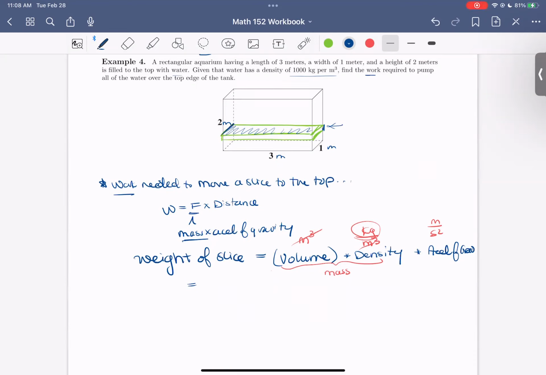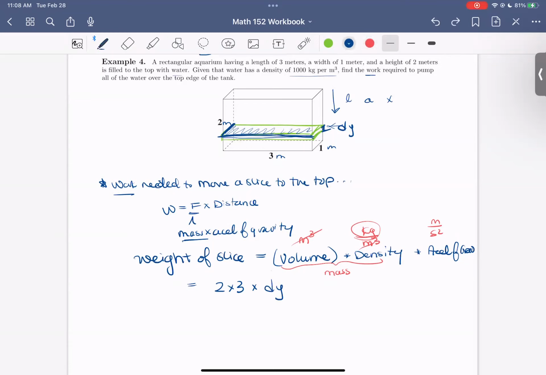So the top of the slice has a dimension of 2 by 3. I was computing the volume of the entire aquarium, which is not the volume of a slice. So for us, that would be 2 times 3 times the thickness of our slice. So the thickness of our slice is a little change in y. We could call this variable anything we want. We could call it L, like for length. We could call it A for aquarium. We could call it x. I'll call it y, so times dy. And we can check. We get meters cubed here. Meters, meters, meters.